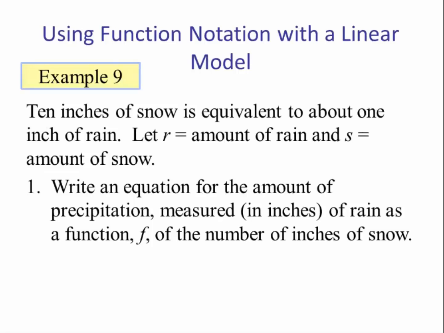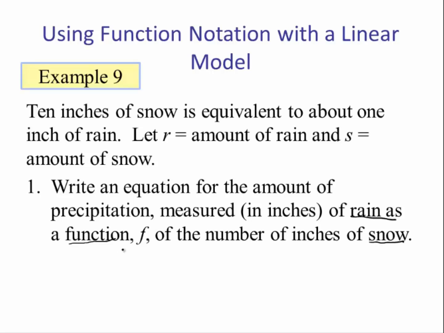Example 9. 10 inches of snow is equivalent to about 1 inch of rain. Let r be equal to the amount of rain and s equal to the amount of snow. Write an equation for the amount of precipitation measured in inches of rain as a function f of the number of inches of snow. So we want to write rain as a function of snow.